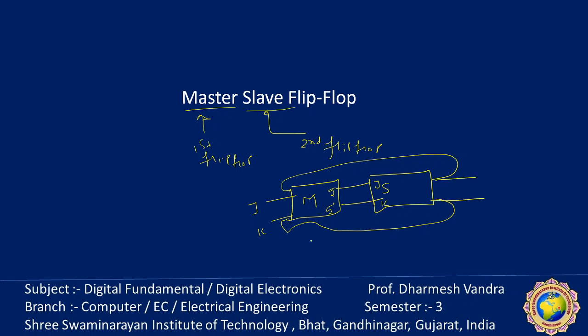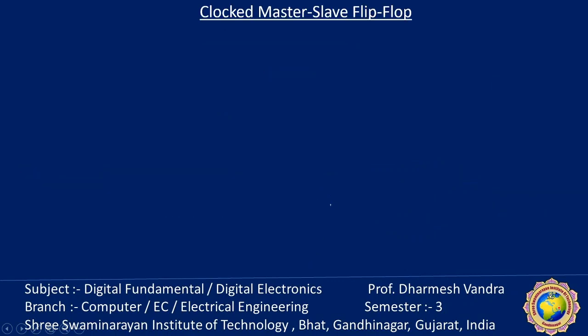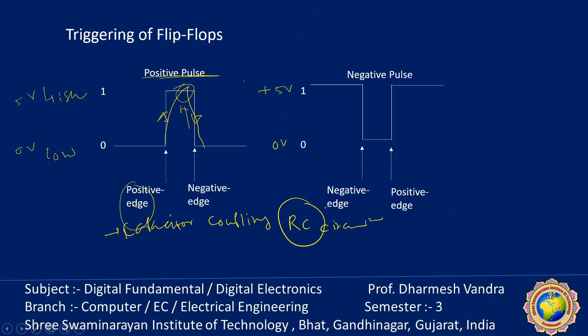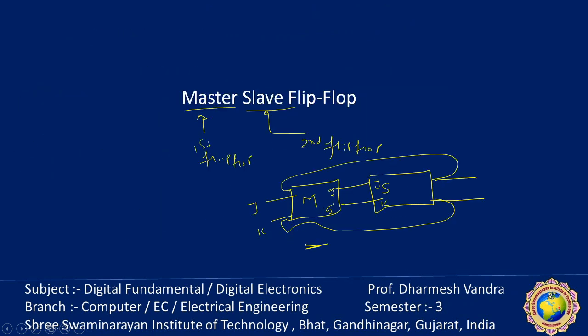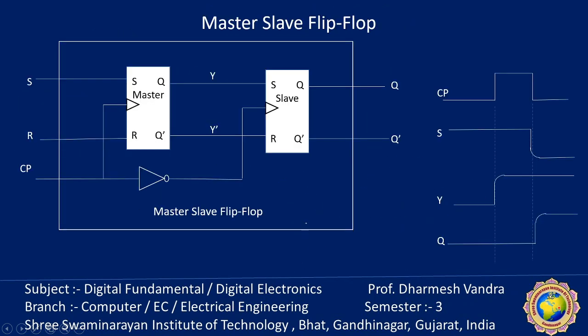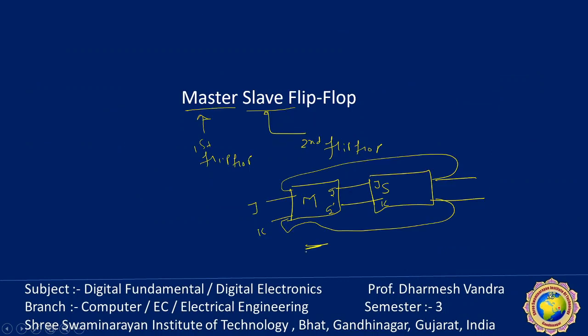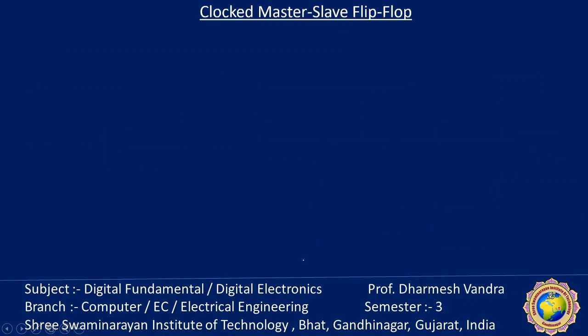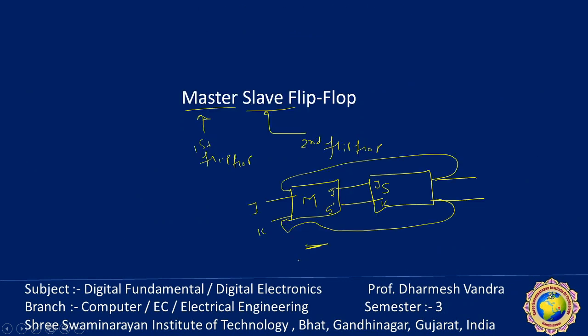So at the positive level of the clock, the master is active, and in the negative time period, the slave is active.